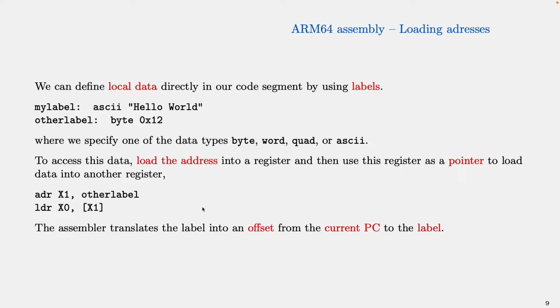And so we get a valid address where the data is stored. And by default, these labels get stored in our code section, so they are right next to our executable code.